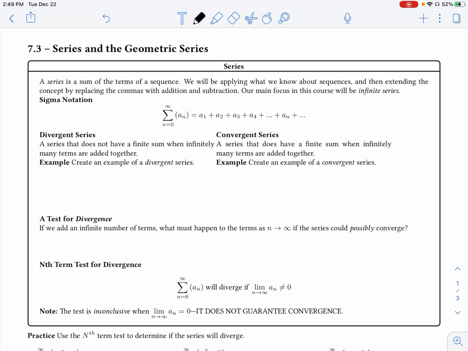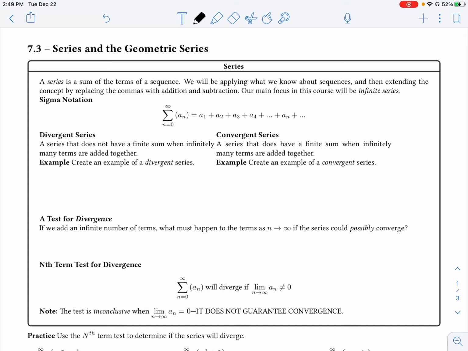Now, there are two types of behaviors we can examine here. One is a divergent series, and that's simply a series that does not have a finite sum when an infinite number of terms are added together.